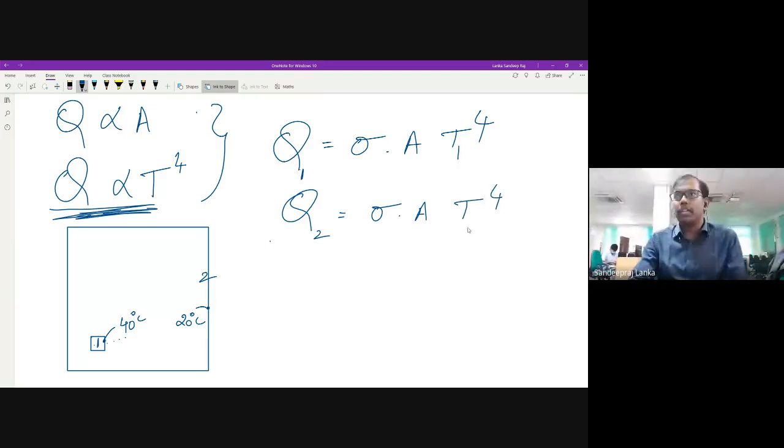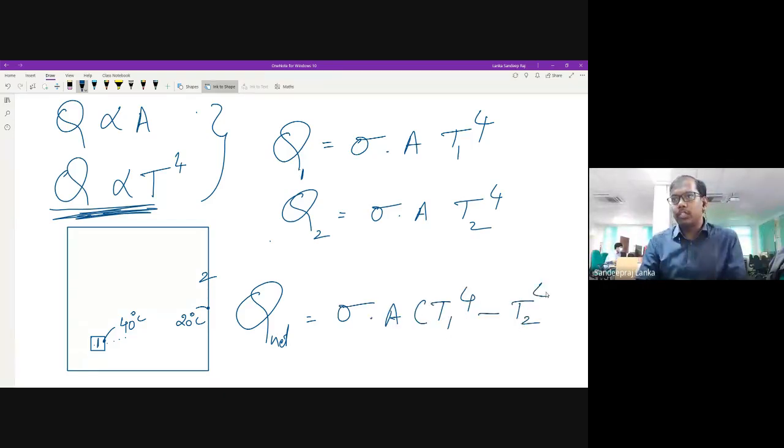This will be T1, this is T2. What I take here is black body radiation, but when I take the net, this will be σ A (T1^4 − T2^4). So this is how your equation will become.